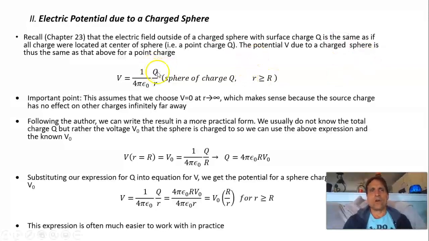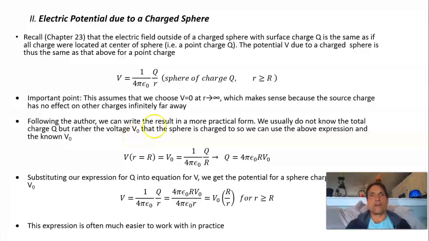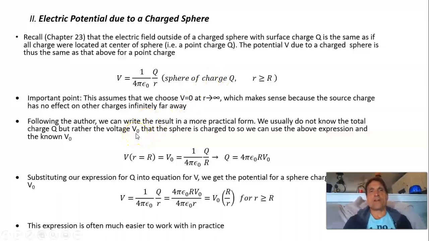But we do often know the voltage to which we charge the sphere. So suppose we charge the sphere to some voltage V0. This is measurable, so it's more practical to express this in terms of the voltage to which it's charged.